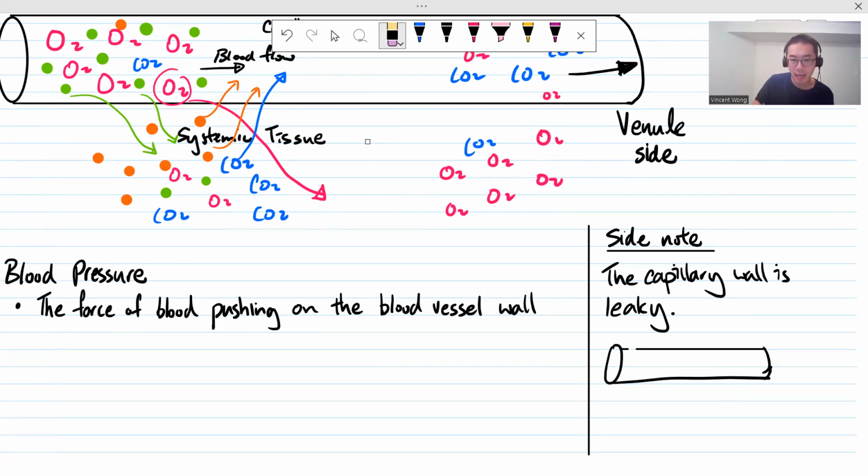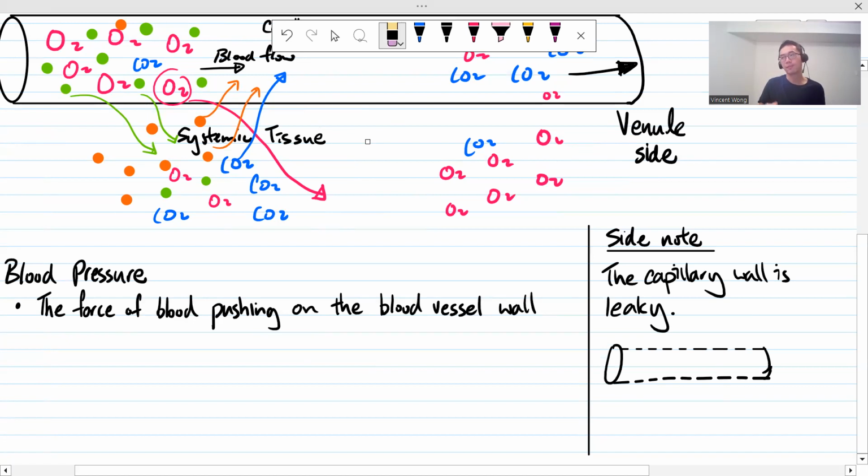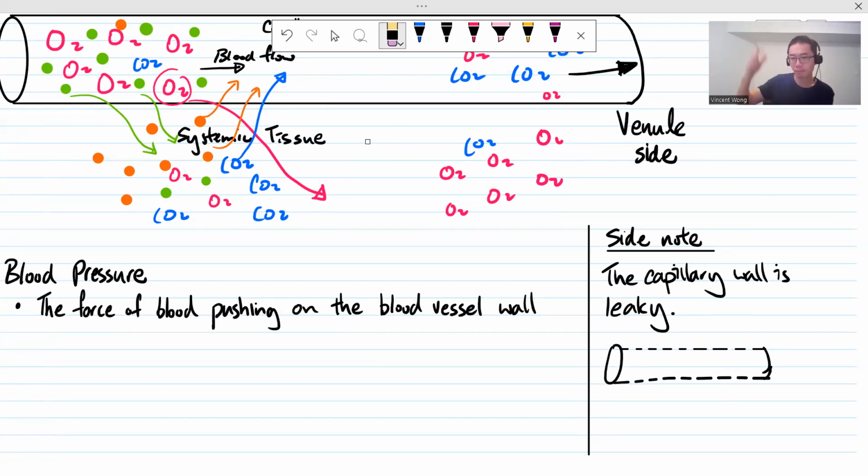It's not actually like that. I mean, if that were the case, then we would bleed internally and have a horrible death. But it's leaky on a microscopic level, so fluid can leave and enter. I say fluid and not blood because blood has many things in it.